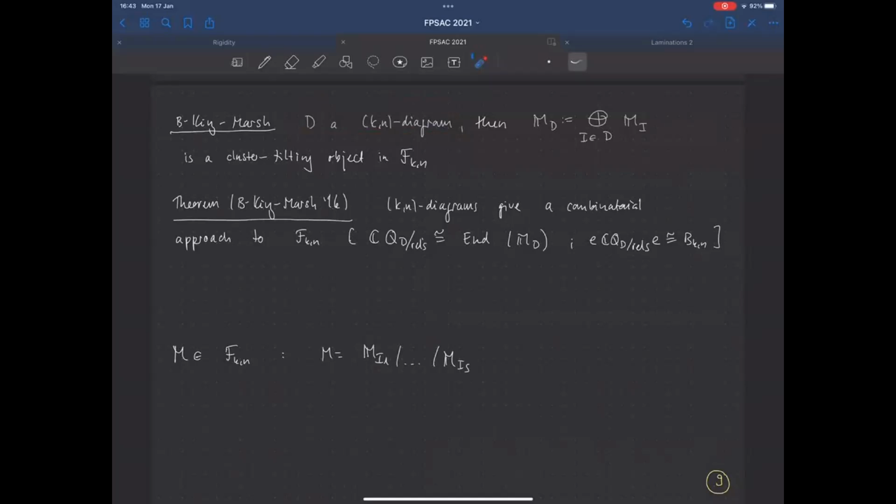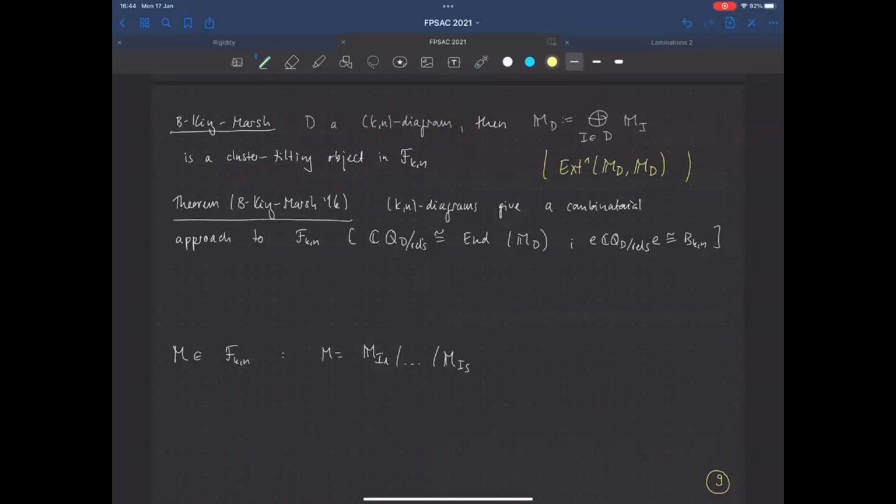The claim is that this gives us a cluster in Scott's cluster algebra picture. In our language, it's a cluster tilting object. It means that it doesn't have any self-extensions, or that all its summands are compatible with each other pairwise. And it's also maximal. You cannot add any other summands which are distinct from those.